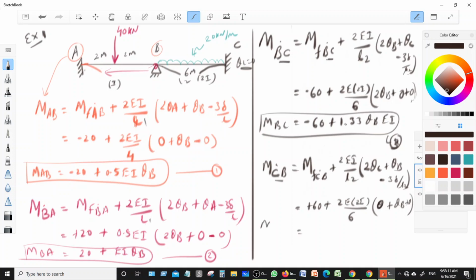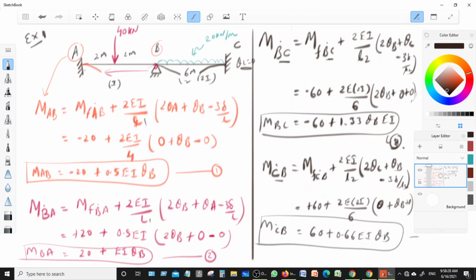So you will get the moment equation MCB equal to 60 plus 0.66 EI into theta B. So you will get equation number 4.